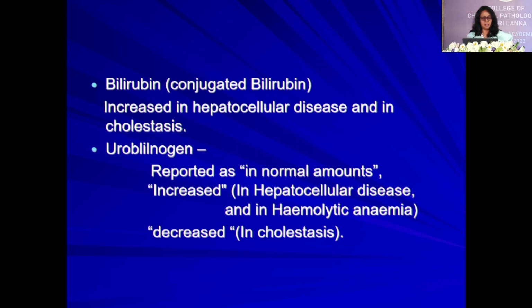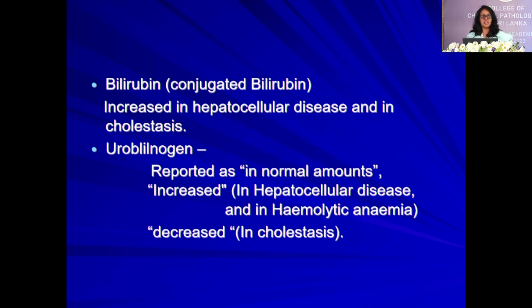If there is any bilirubin, it is totally pathological because it can appear in hepatocellular disease or cholestasis. This bilirubin is conjugated bilirubin because unconjugated bilirubin is bound to protein, and usually it is not filtered through the glomerulus into the urine.